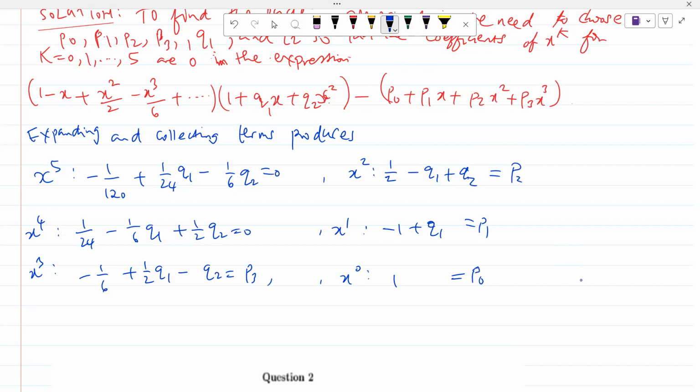Okay, so we have this. We said just expanding and collecting the terms, this is what we get. So what is the meaning of these?